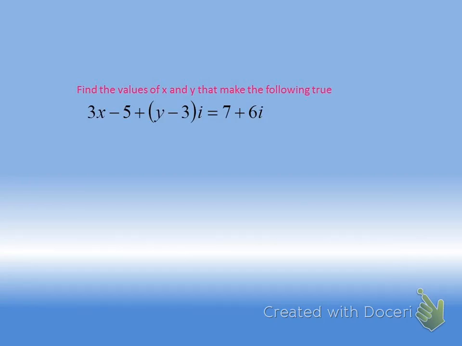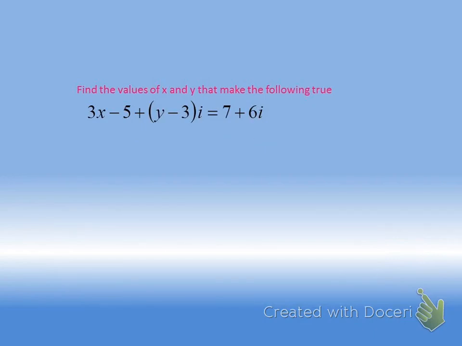Okay, so the question asks: find the values of x and y that make the following true. On the left side, you have 3x minus 5 plus the quantity in parentheses of y minus 3i equals 7 plus 6i.